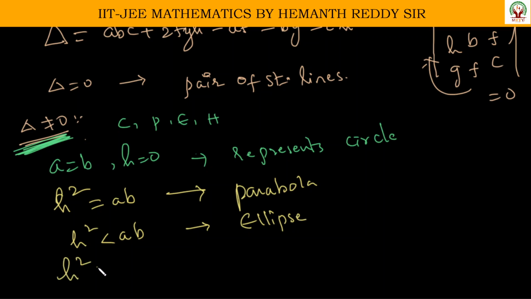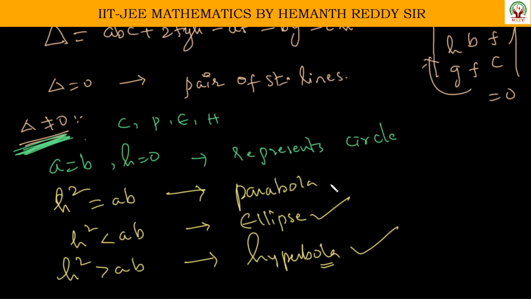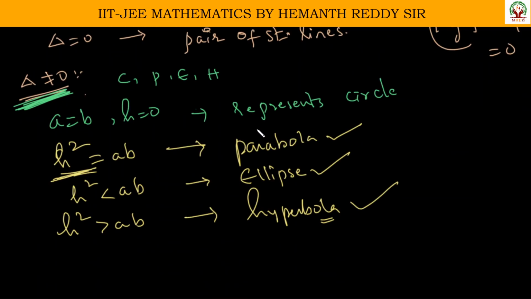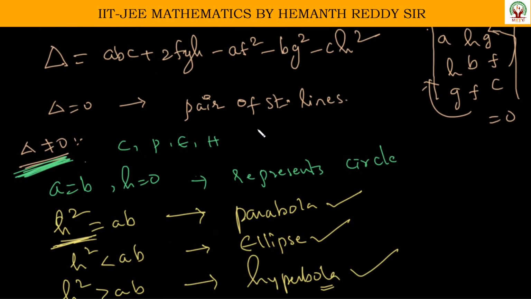If h square is greater than AB, it represents a hyperbola. This is the condition. For a general second degree equation to represent a parabola, delta must not be equal to 0 and h square must equal AB. These two conditions together mean it represents a parabola.